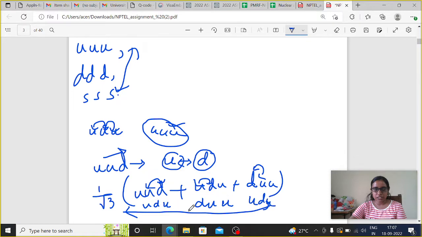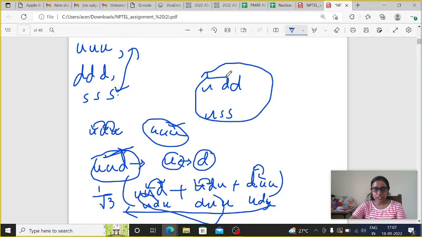Just see, udu, duu and udu, the same thing is coming. So that means this uud is the symmetric configuration. Similarly udd, uss, this type of configuration is totally fully symmetric.